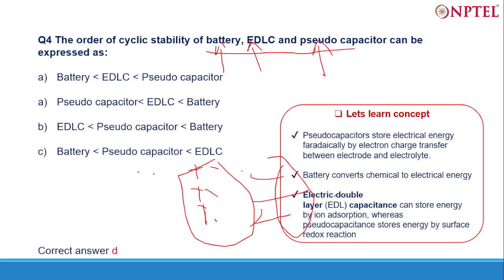So this is how the electric double layer capacitance is. It stores energy by ionic absorption, whereas a pseudocapacitor stores energy by surface reduction. So this is the main difference between EDLC and pseudocapacitor. A pseudocapacitor stores energy by surface reduction, where the reactions occur at the surface. But in electric double layer capacitance, the energy is stored by ionic absorption.